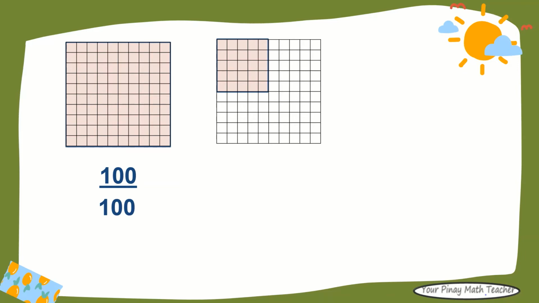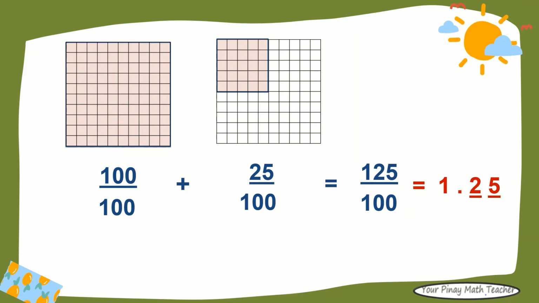In the second figure, there are only 25 equal parts that are shaded. So it's 25 over 100. Adding the two fractions, we get 125 over 100. Or in decimal, this is 1.25 or 1 whole and 25 hundredths.